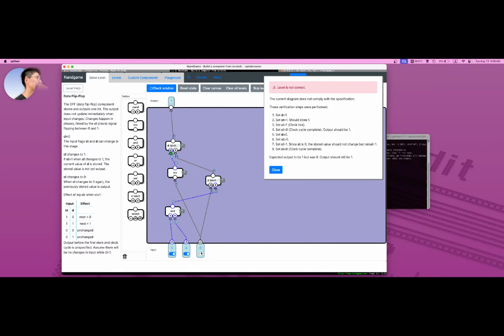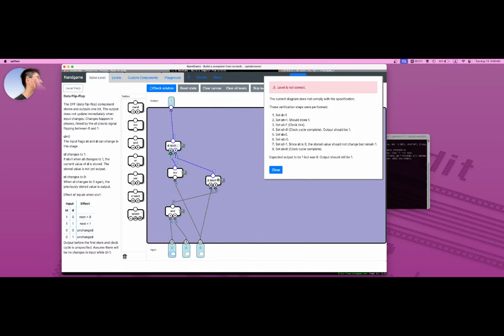When I set clock to 1, I store something. When I make it 0, it outputs 1. Right. When I set D to 0, the D latch should be 0, no? No, I said 0, it's not working right.